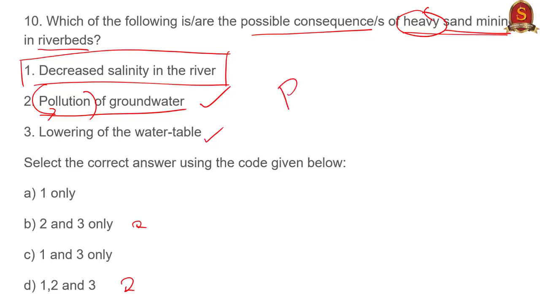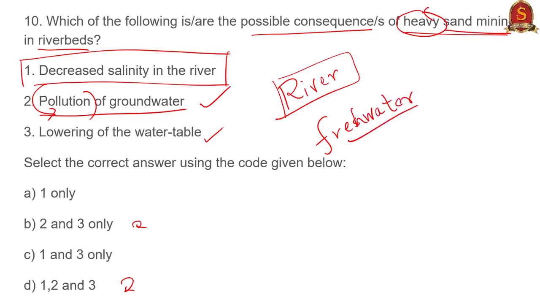Now, you're talking about a riverbed, and when you talk about a riverbed, you're talking about fresh water. Simple logic. Now, if you're talking about a large amount of salt content variation in your riverbed, then we would not be consuming fresh water, we would not be consuming water from rivers at all. That is simply not going to happen, right?